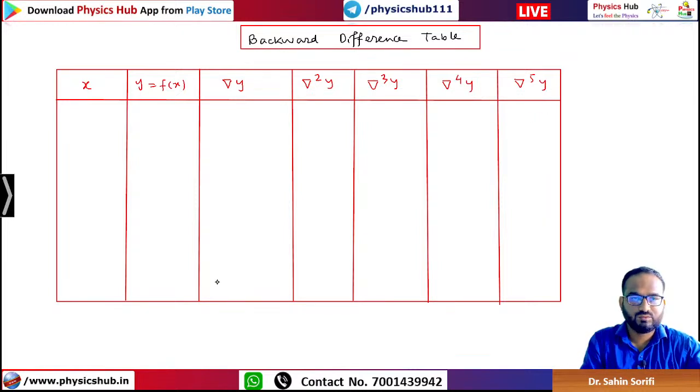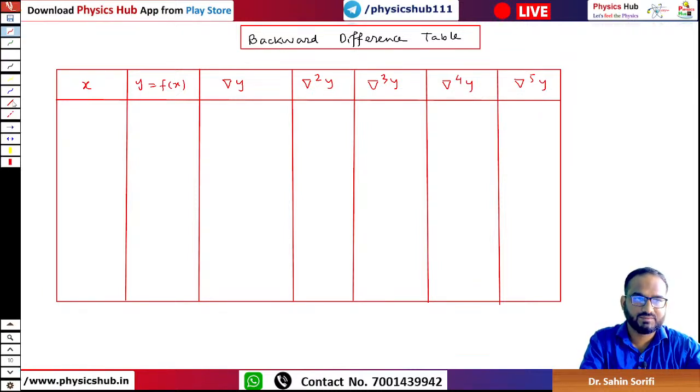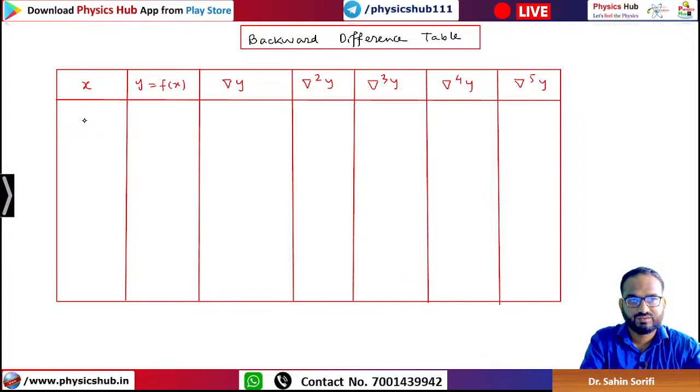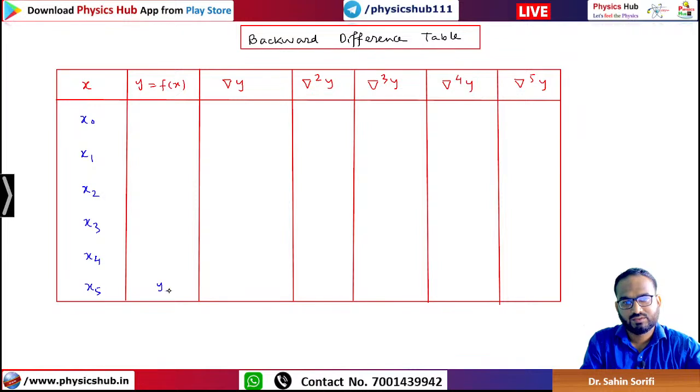If I take up to y5, then the fourth difference will be there. x0, x1, x2, x3, x4 and x5, and correspondingly the values of y: y0, y1, y2, y3, y4, y5.